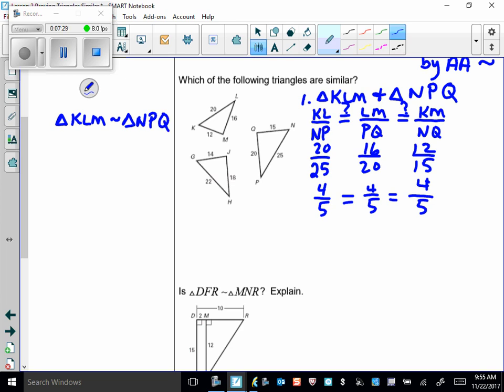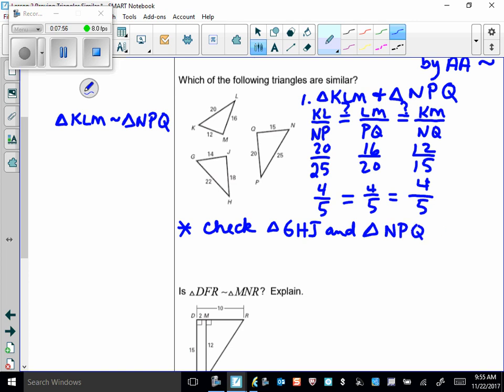You're going to need to do that for triangle KLM and GHJ, and you're going to need to do that for triangle GHJ and NPQ. And what you're going to find is that the other two sets are not similar, so I'll leave you to do that on your own. So you're going to check on your own triangle GHJ and NPQ.